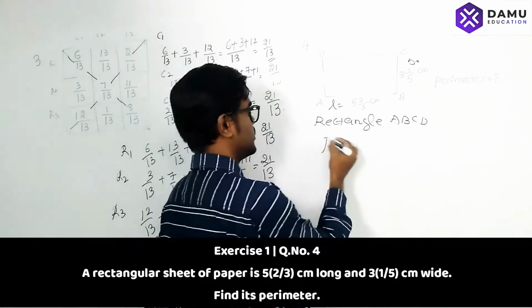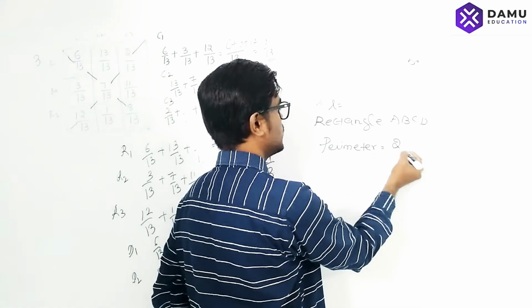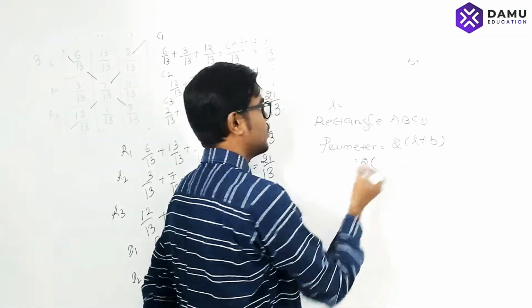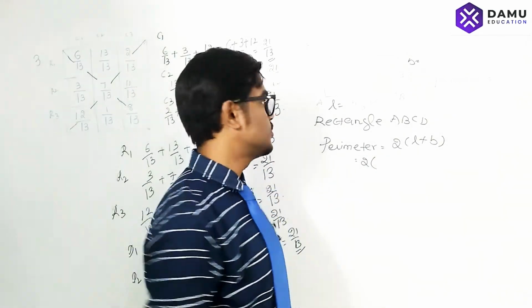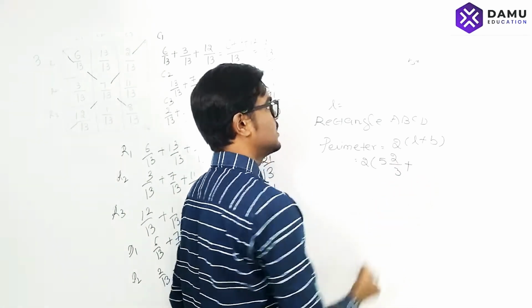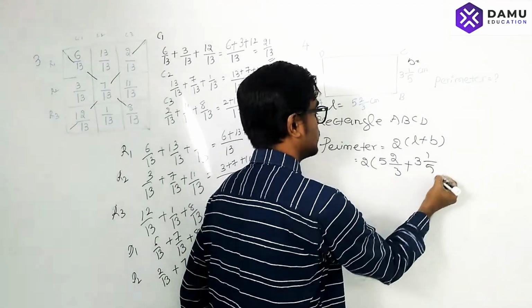The formula of perimeter is 2 into (L plus B). So 2 into (2 by 3 plus 1 by 5).